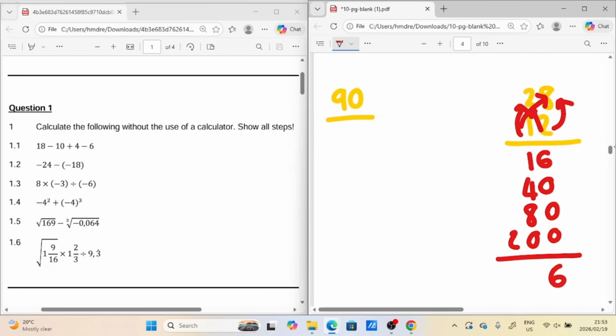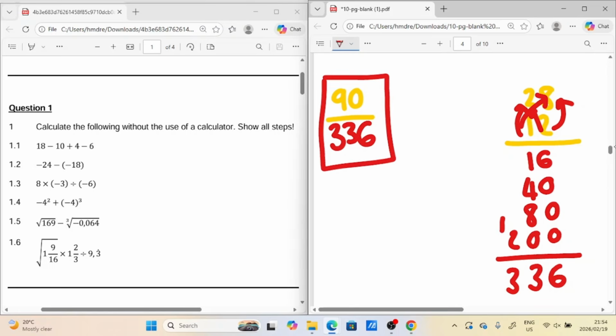That's going to be 6, 12, 13, and 3. So it's going to be 90 over 336. Okay, so this is our answer for this one.